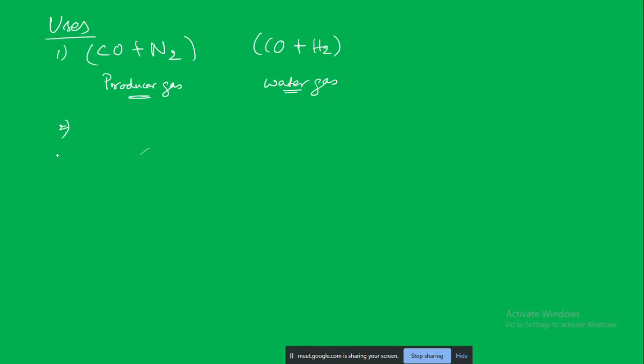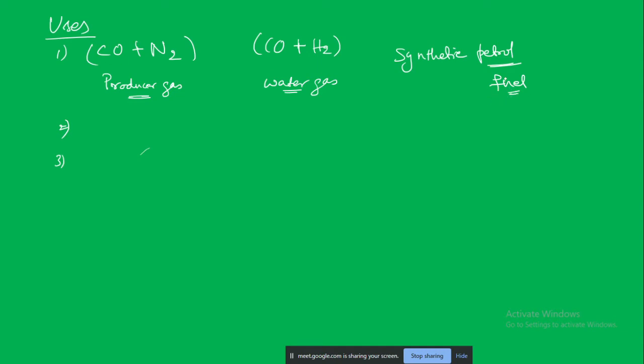It is also used in the manufacture of synthetic petrol, methyl alcohol and sodium formate. Here synthetic petrol, synthetic diesel, whatever you say, kerosene, it is nothing but synthetic fuel.